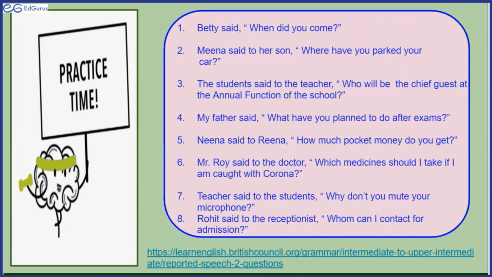Nina said to Reena, how much pocket money do you get? Nina asked Reena how... Where is the subject? You. But here the sentence is different. In the previous sentence it was "what have you," here it is "how much pocket money do you."